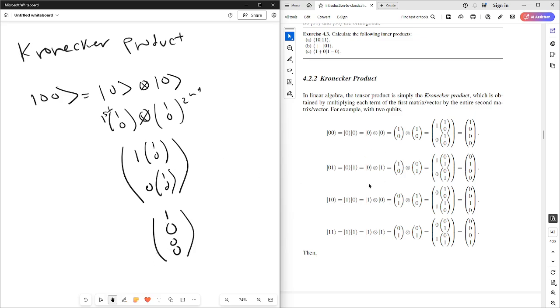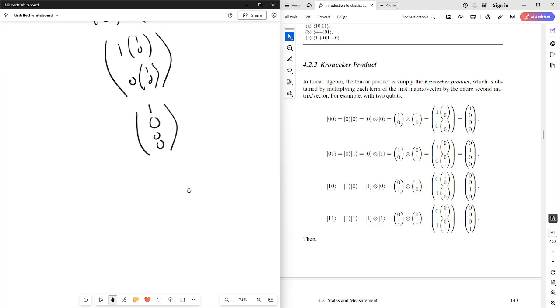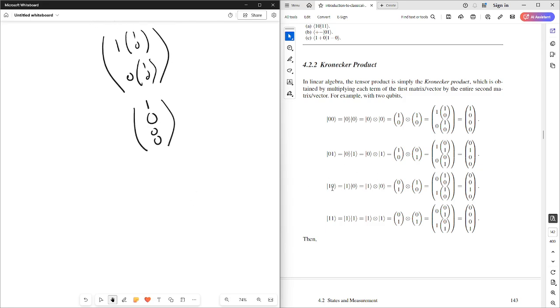They show that for a bunch of different forms here. This is an example of a 2-qubit system. We can assess this with 0 and 1, with 1 and 0, with 1 and 1. But these all have resulting 4 by 1 column vectors.